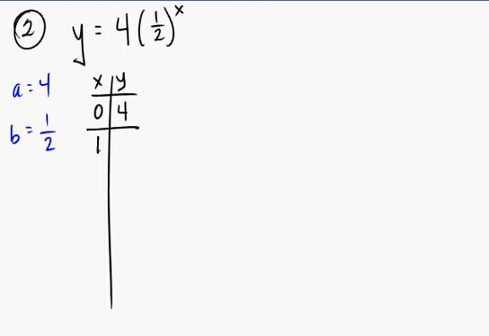After x is 1, you get 4 times a half, which is 2, right? Here's an example of what this is. You live in this imaginary world where apples are really valuable, and you have 4 of them.